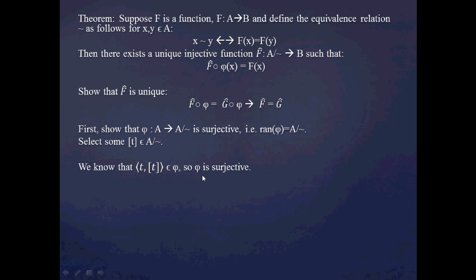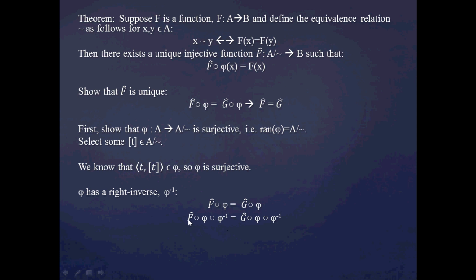And phi being surjective implies that phi has a right inverse. And I showed that in the previous video on functions. Let me call that right inverse phi inverse. So what I'm going to do is go back to the statement that f hat of phi is the same thing as g hat of phi. And what I'm going to do now is apply the right inverse to both sides of the equation.